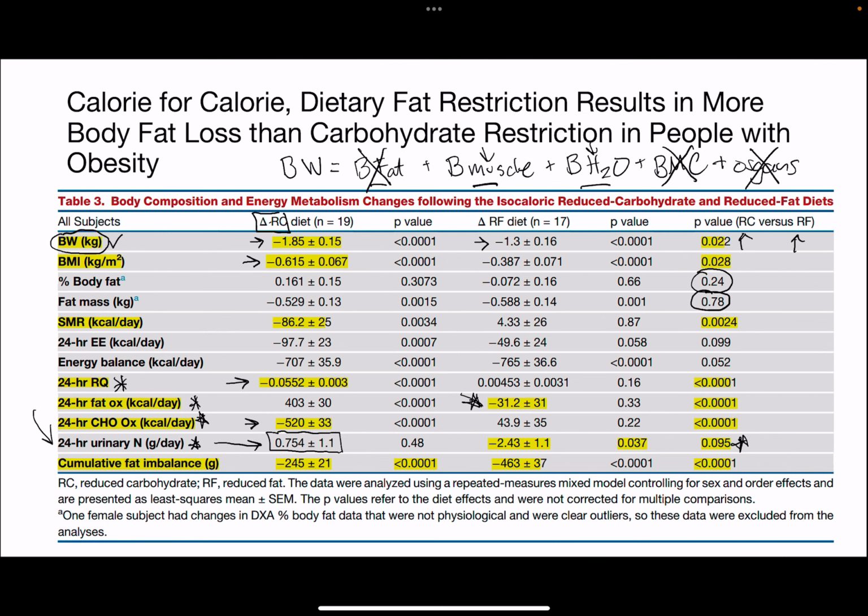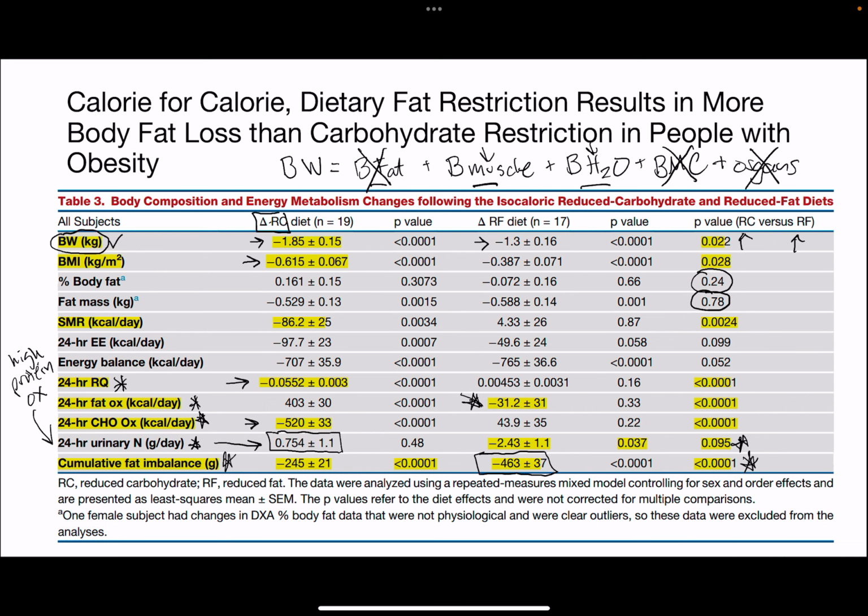This is higher protein oxidation. So finally, if we look at cumulative fat imbalance, it's significantly different, and a reduced fat diet results in a higher cumulative fat imbalance.